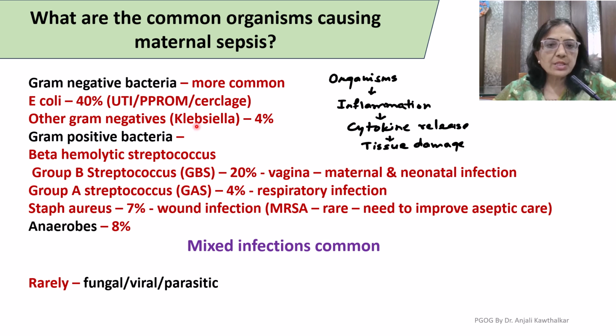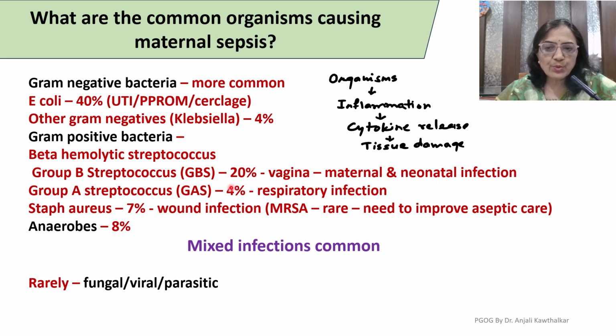Other gram negatives such as Klebsiella are responsible for 4% of the cases of maternal sepsis. In gram positive, beta hemolytic streptococcus, group B streptococcus, GBS, leads to maternal sepsis in 20%. And this organism is present in the vagina. It can affect the mother with chorioamnionitis, and it is one of the common causes of neonatal infection.